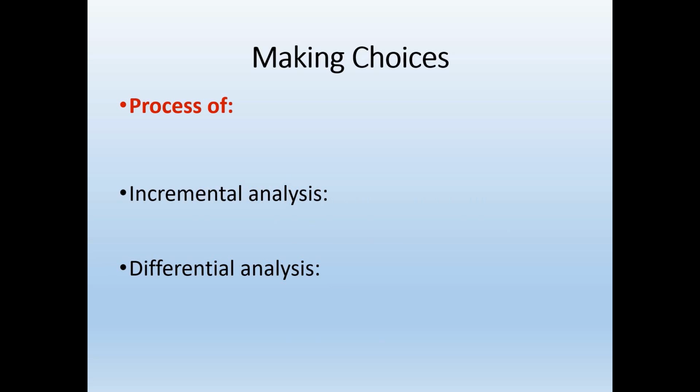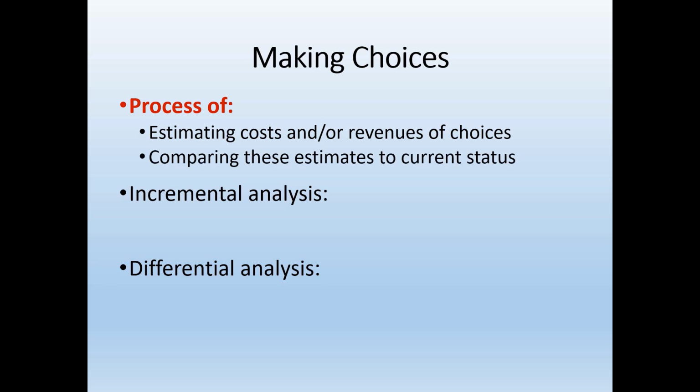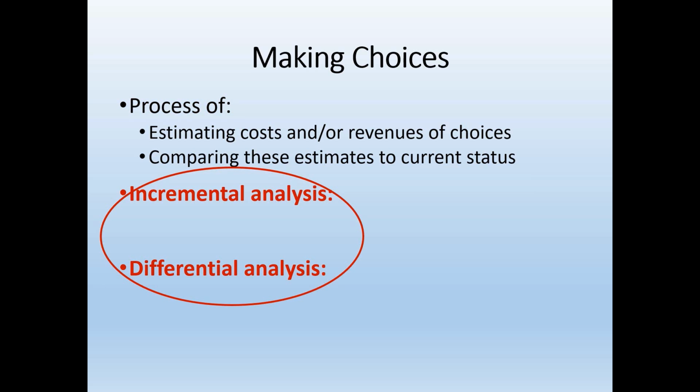To make a strategic decision, we estimate all of the revenues or costs that are associated with doing something new and compare that to our current status so that we can see which option we like better. There are two ways to do this: incremental analysis and differential analysis.